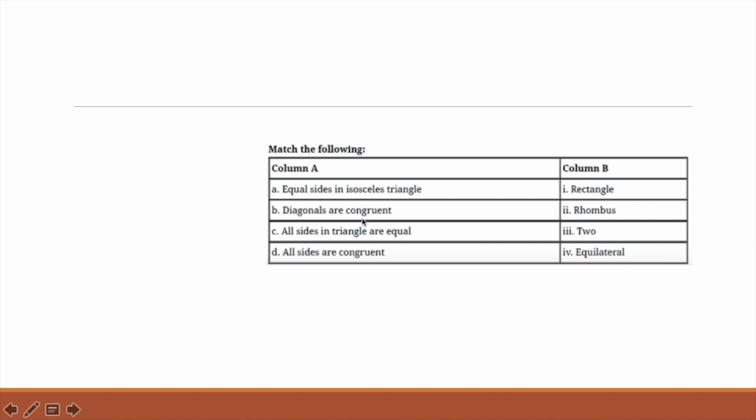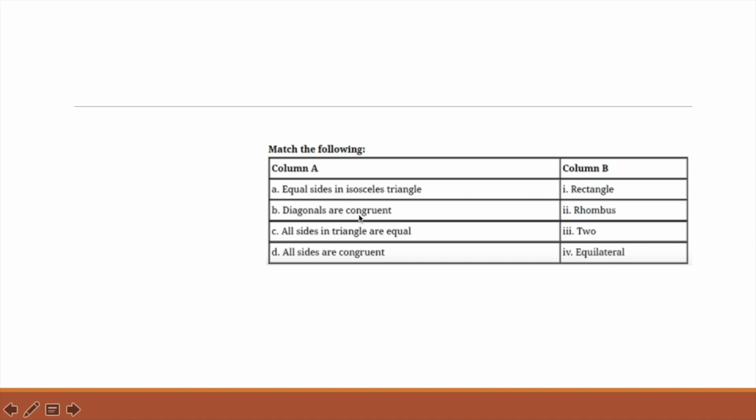This one you may not have studied, but it's good to remember it. We will study more of it in practical geometry or in higher standards. Mensuration is also coming, so we will study different shapes. But for now just remember, a triangle with just two adjacent sides equal is called an isosceles triangle. So A equals option 3.